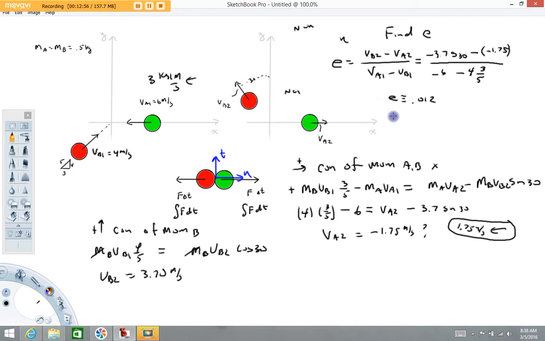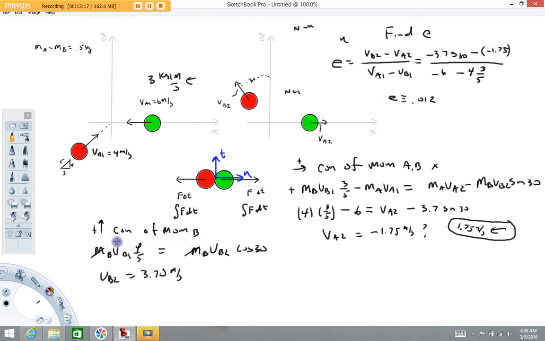So hopefully this example demonstrates a little bit about how to write momentum equations. It's not a super complex example, but I think it very nicely demonstrates, in the first part, where you can write a momentum equation for only one mass.